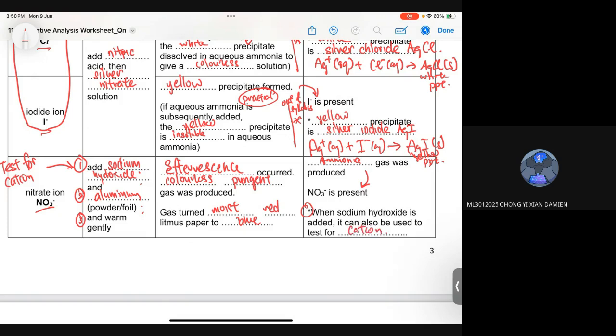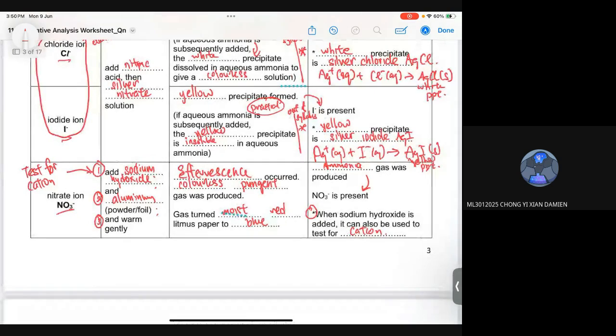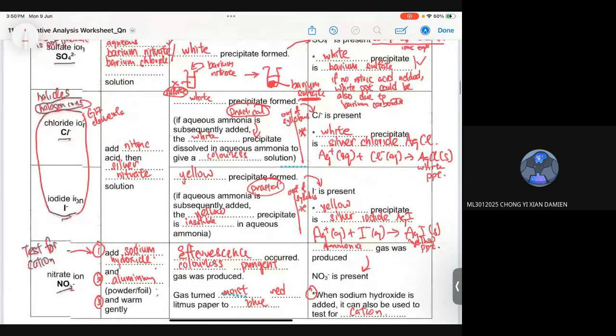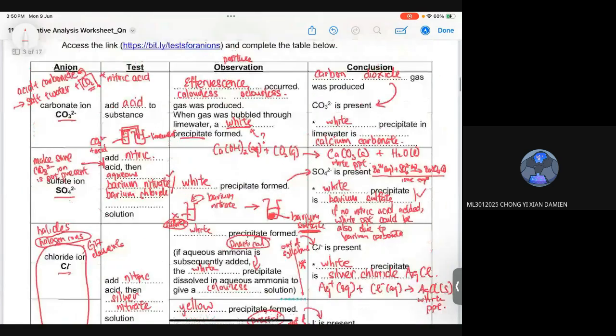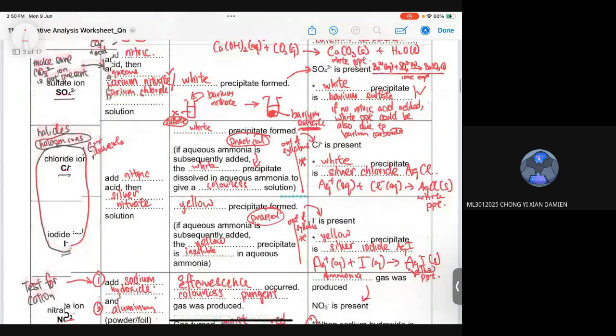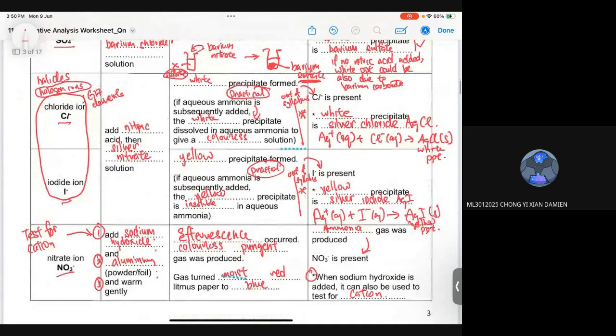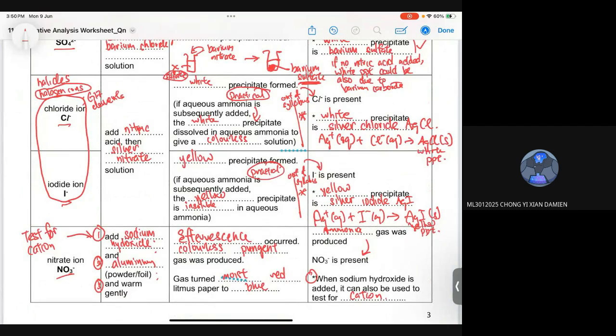Okay? Let's pause. Give ourselves a good 10 or 20 seconds to just review the anion tests that we've gone through so far. There's a total of 5 anions, 4 different tests for them, giving different results for each of them.